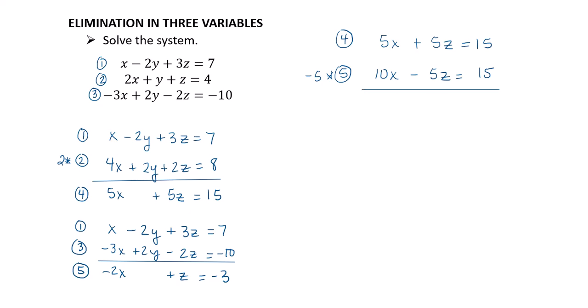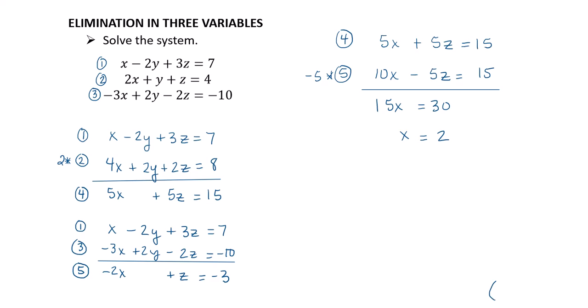Now we can add those two equations together and eliminate a variable like we did in the 2 by 2 system. This will give me 15x, my z's cancel, and equals 30. So now x equals 2. All right, we are not finished.